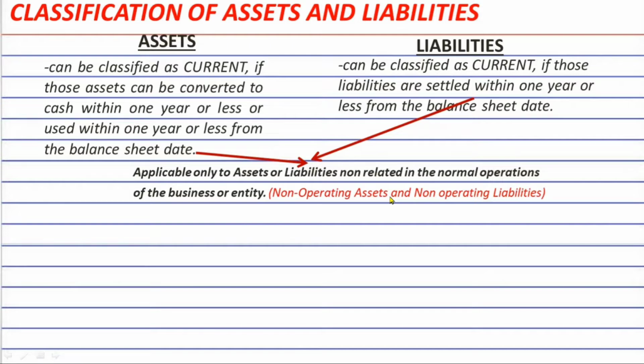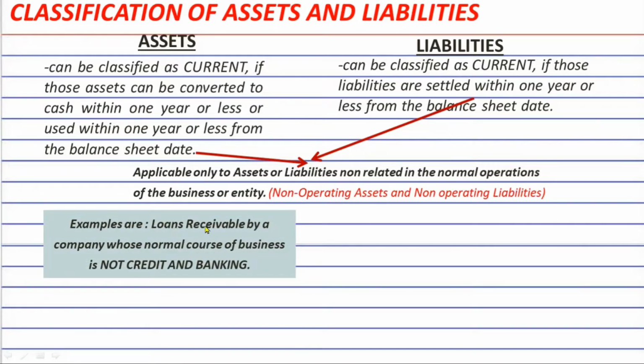First question, what are the examples of these? Examples are, for assets, we have loans receivable. But you need to make sure that extending loans is not one of the normal business operations of your entity. Meaning, you should not be a bank or a financing company that offers credit to clients.